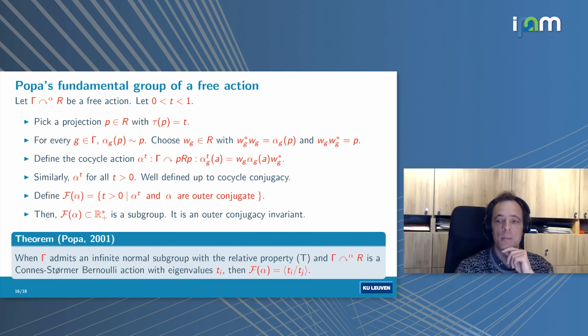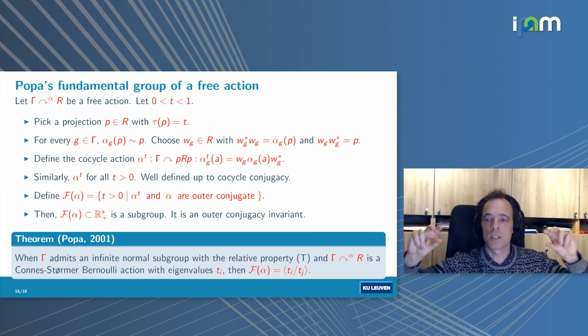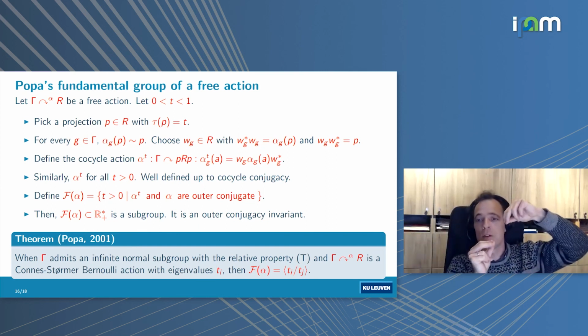So I presented to you the Connes-Størmer Bernoulli action. You may have forgotten it by now. So Connes-Størmer Bernoulli was, you take an infinite tensor product of matrices with a state. So the state on the matrix algebra comes with eigenvalues.